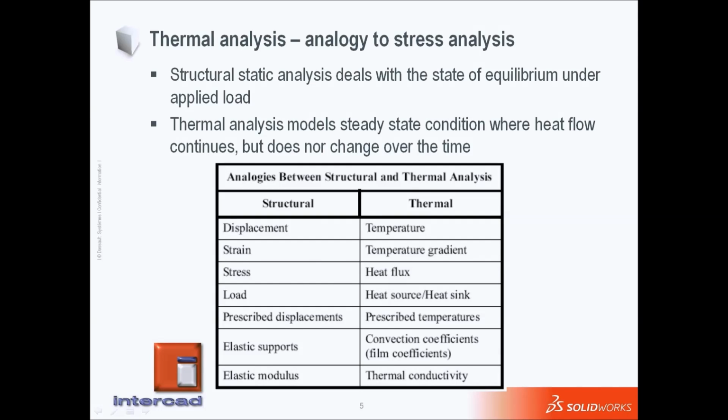Displacement looks like temperature. Strain looks like temperature gradient. Stress could be likened to heat flux. Load is like a heat source or heat sink. Prescribed displacement is like prescribed temperatures. Elastic support could be likened to convection coefficients or film coefficients. And elastic modulus looks like thermal conductivity.